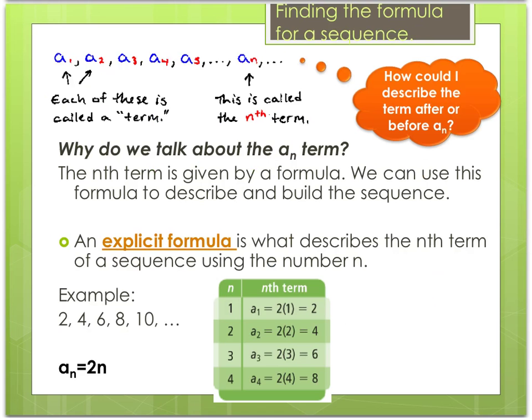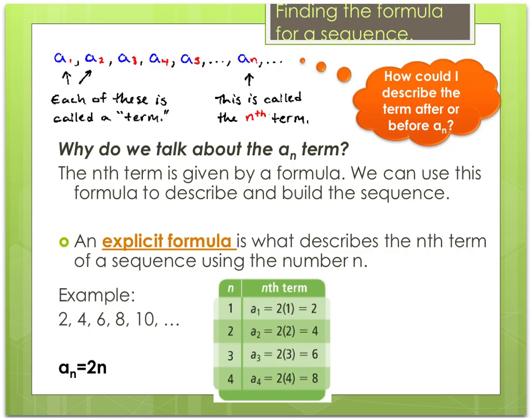So we use this notation A sub n so that we can refer to any term in the sequence. So A sub n represents the nth term. So if I'm talking about the 7th term, then A sub n would be A sub 7. But A sub n can represent any of the terms in that sequence. Now if I want to refer to the term right before A sub n, how would I represent that? Well, think about it. If I had A sub 5, the term right before it is A sub 4.